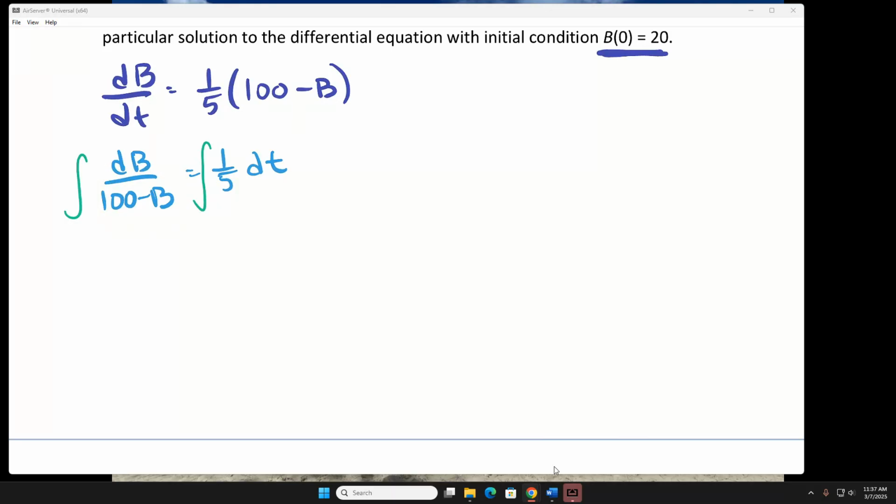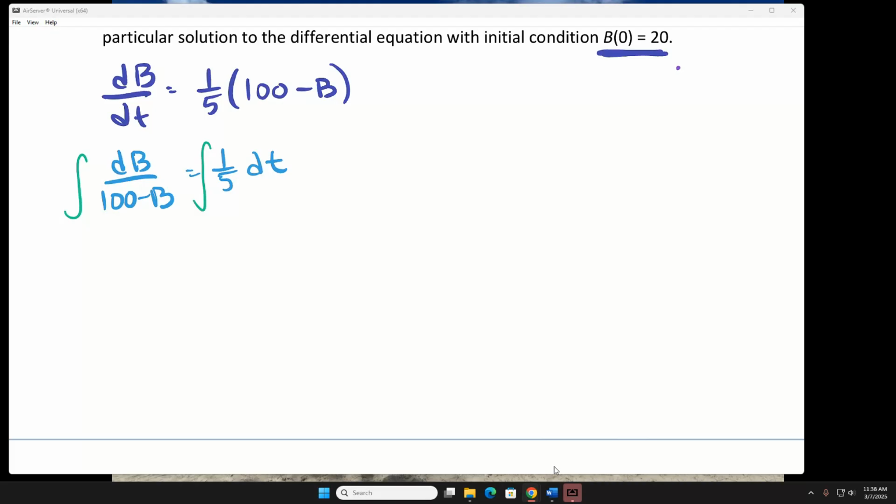The derivative isn't 1, but it's negative 1. So if that's the case, we could do u substitution, but it's so much easier if we just multiply by the reciprocal of whatever that derivative is.